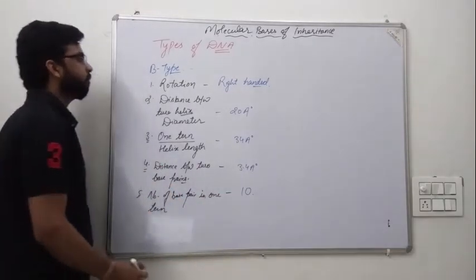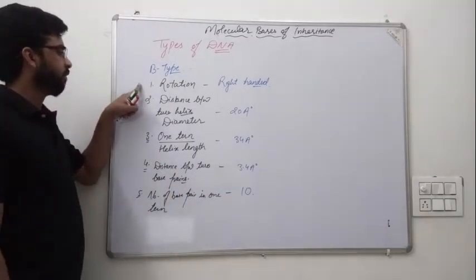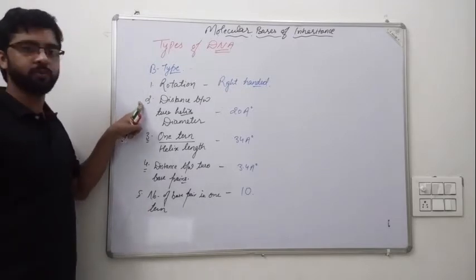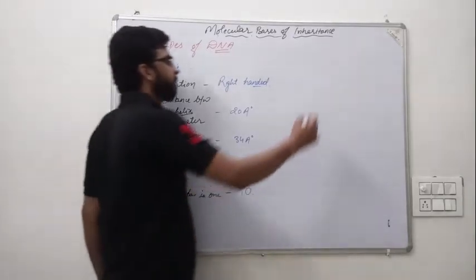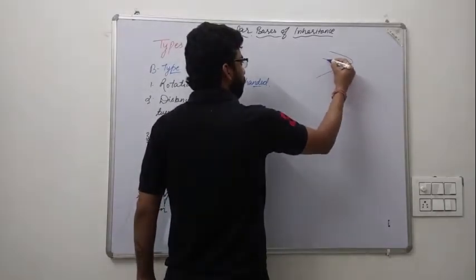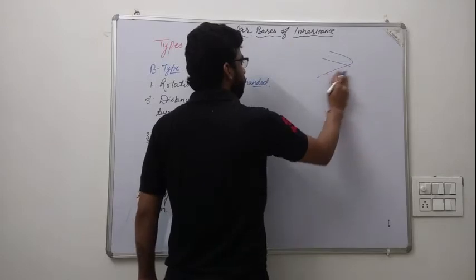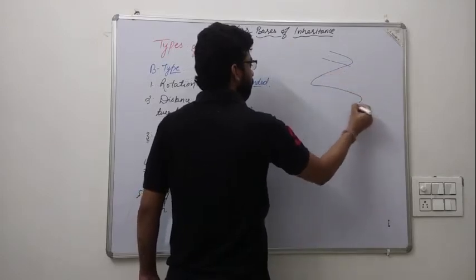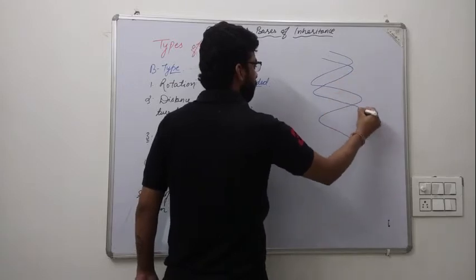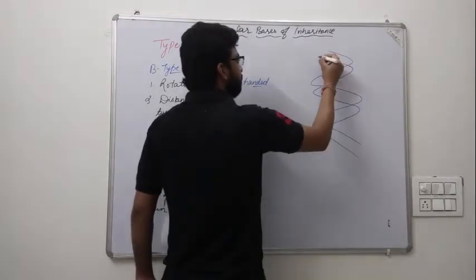So what we have to do? That's B type of DNA. Rotation right-handed. Distance between two helix. Two helix means, if we are going to draw again, it's one helix.